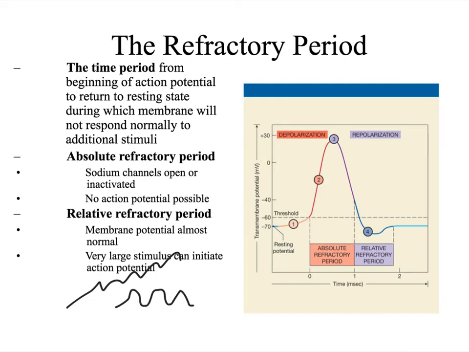And that is because of something known as the refractory period. So during this absolute refractory period, you cannot stimulate another action potential no matter how hard you try. Now during hyperpolarization, you've got a relative refractory period, where if you try hard enough, then you might be able to stimulate another action potential. So when I talk about a refractory period, that means something is either more difficult or impossible to do.